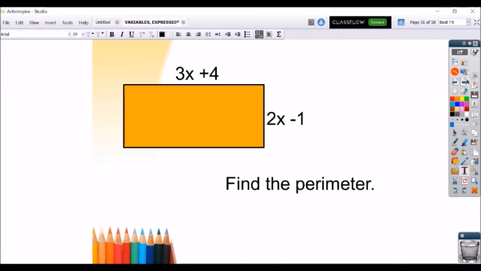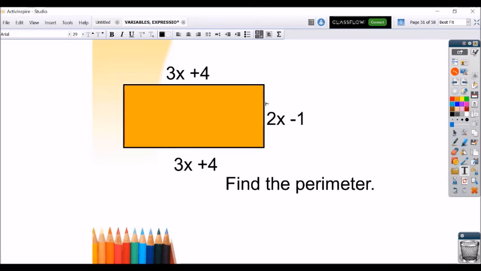So one for the road is about perimeter. How do we find perimeter of a rectangle? Well, we find the perimeter of a rectangle by finding the length of all of the sides, right? So if this side is 3x plus 4, this side right here is also 3x plus 4.